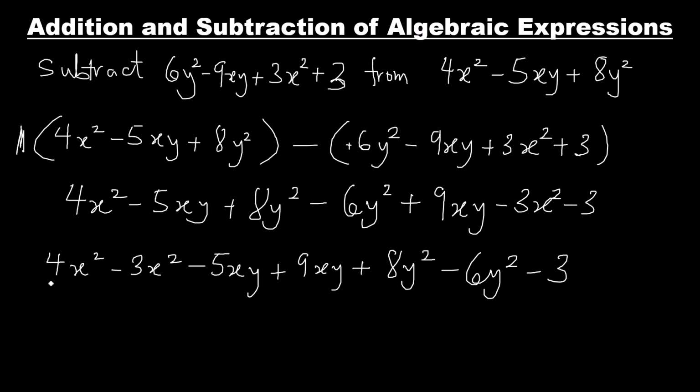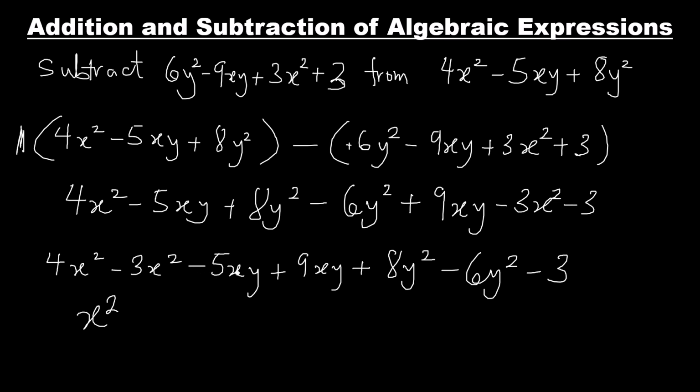So now let's add and subtract where necessary. Yes, positive 4x squared minus 3x squared. So 4 minus 3 is 1. So this one evaluates to x squared. So we are done with this side.